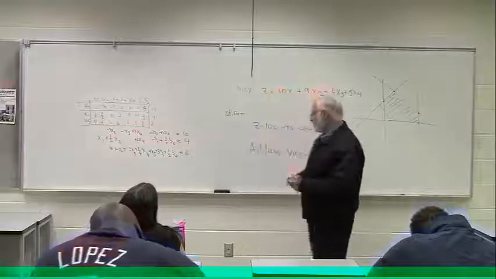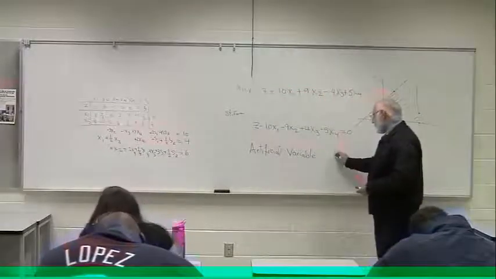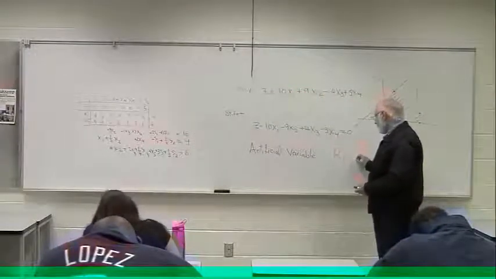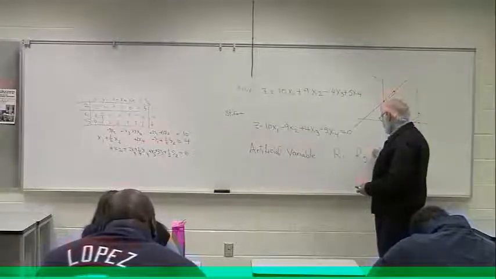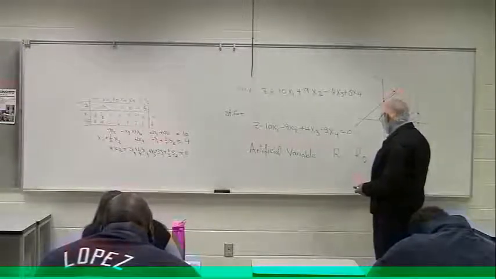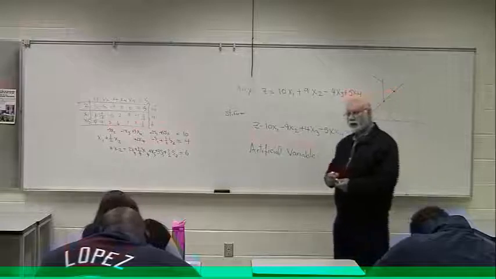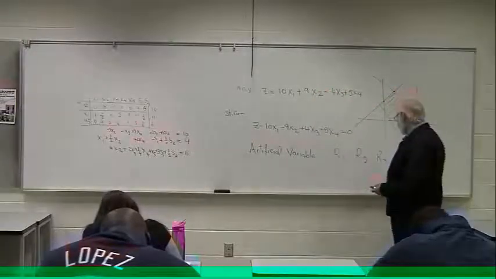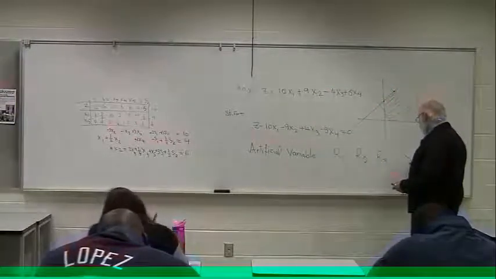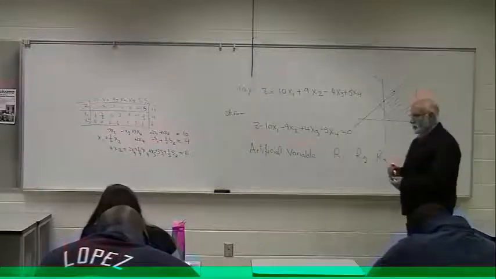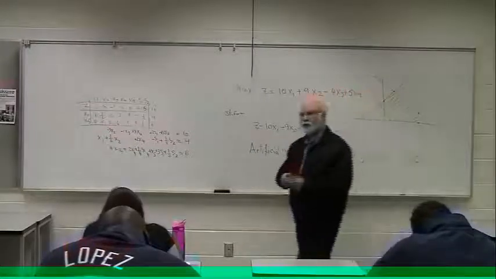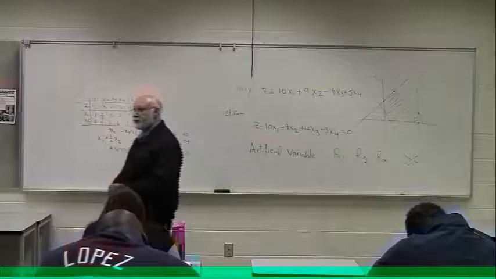We call artificial variables R1, R2, R3, whatever it is, and we will make sure that they are greater than or equal to 0.